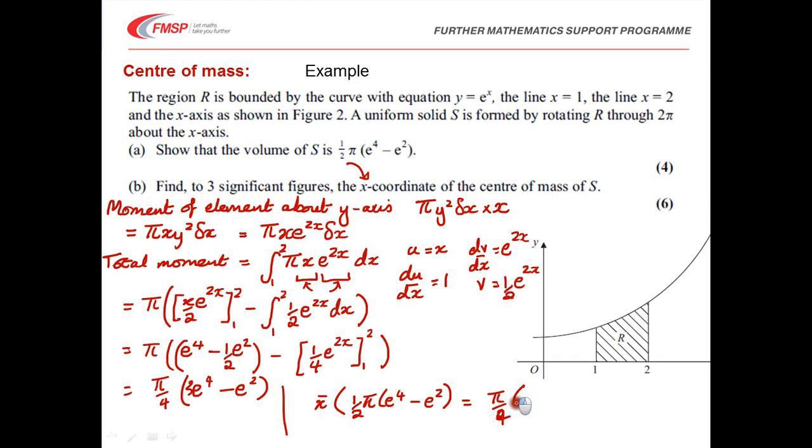Sorry, pi by 4, 3e to the 4 minus e squared, and I can do a little cancel through by e squared, cancel through by pi, etc., and I should end up with x bar equals 3e squared minus 1 all over 2e squared minus 1. That gives my expression for the location of that centre of mass.